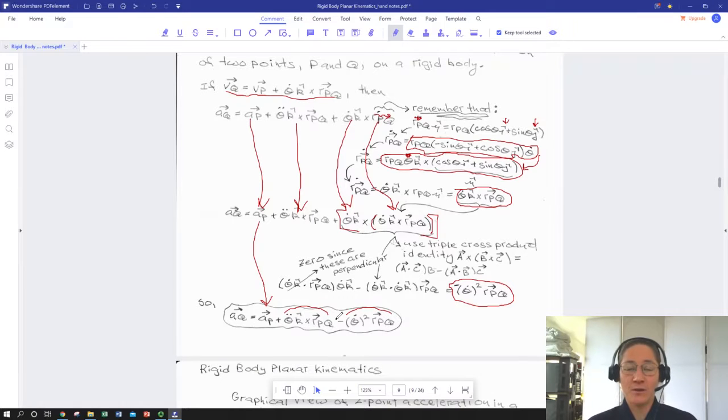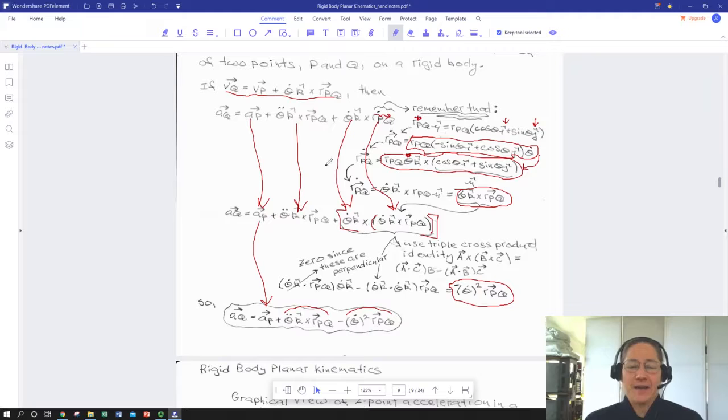So we got three terms that we can use to get the acceleration of any point on a rigid body that's moving relative to some fixed reference frame F. If we know the acceleration of another point, we know the rigid body's angular acceleration relative to that fixed reference frame, and we know the rigid body's angular velocity relative to the fixed reference frame, and we know a radius vector that connects the 2 points, the known and the unknown.